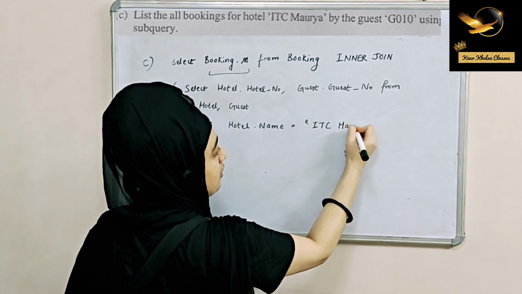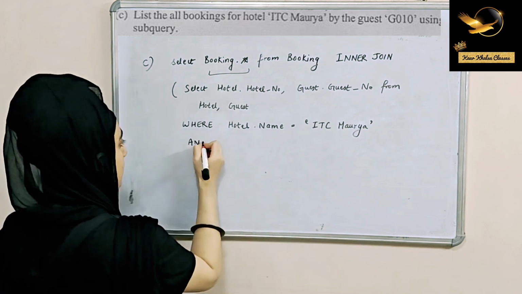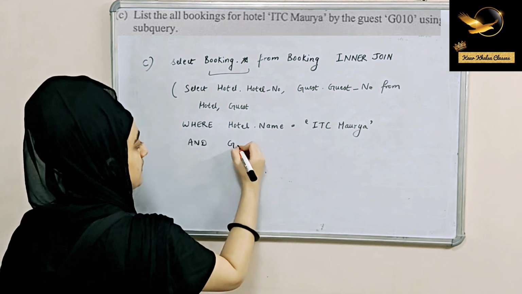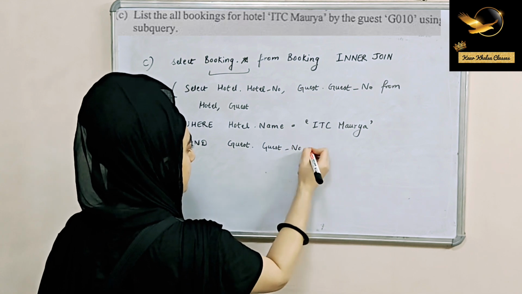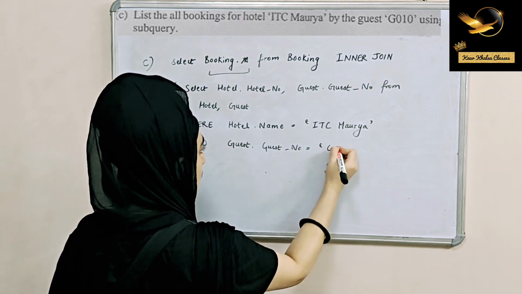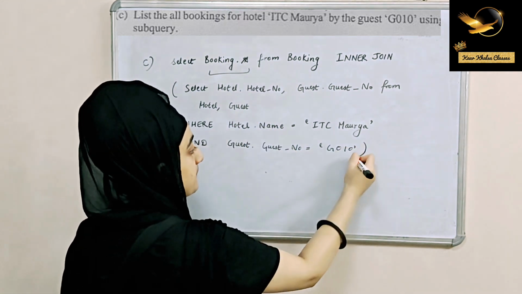So it's given in the question that hotel should be ITC Moria and guest dot guest number should be G010. We are considering this whole query as X.